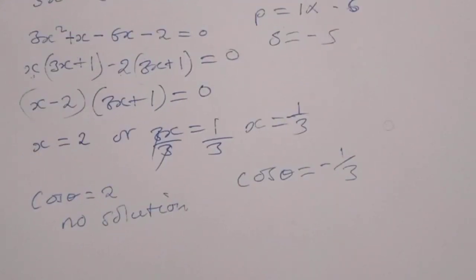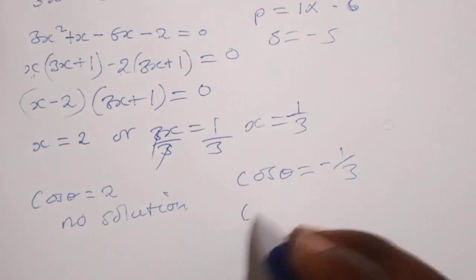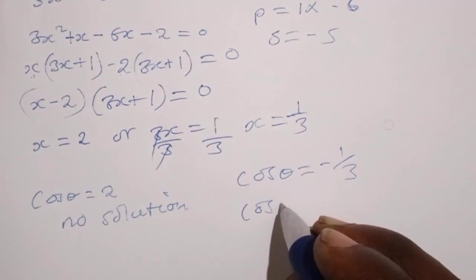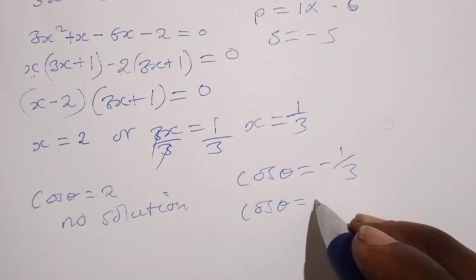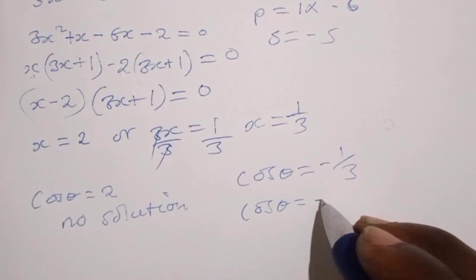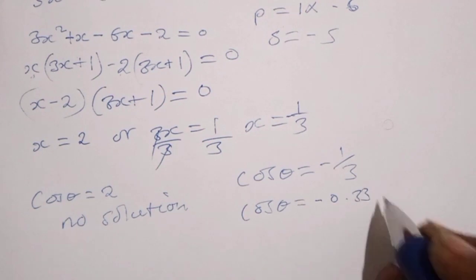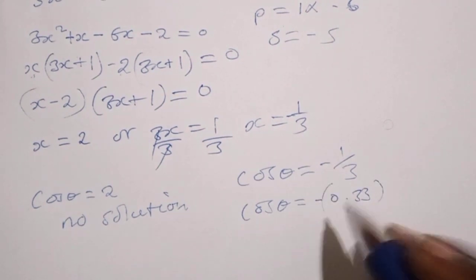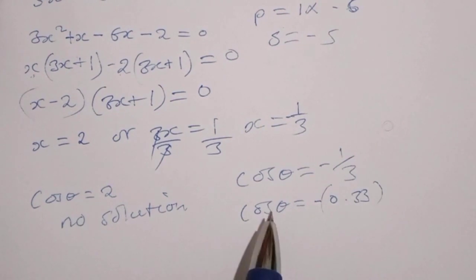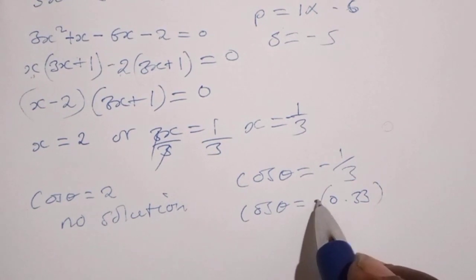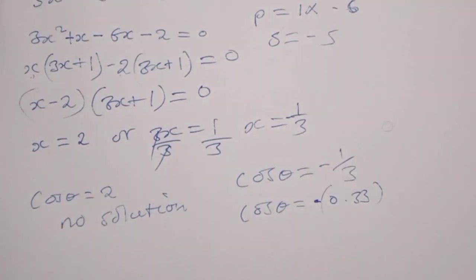So now let's punch on the calculator. When we punch 1 divided by 3, we are going to have cos theta equals minus 0.333. But when finding the angle, when shifting the cos, you have to first eliminate the negative, but keep in mind that there is a negative.